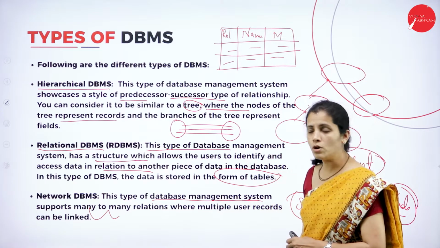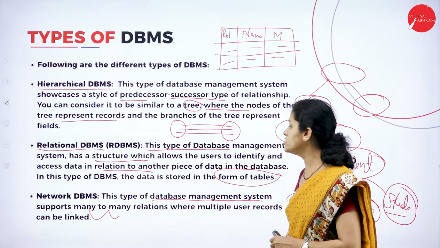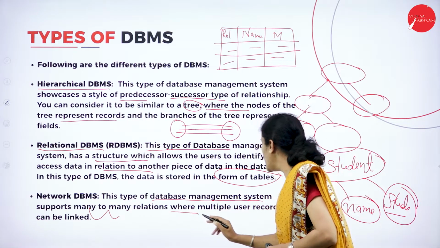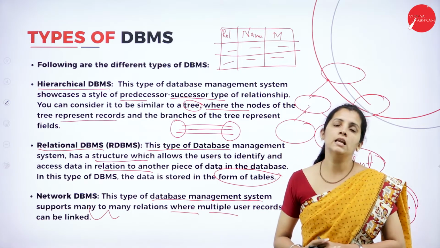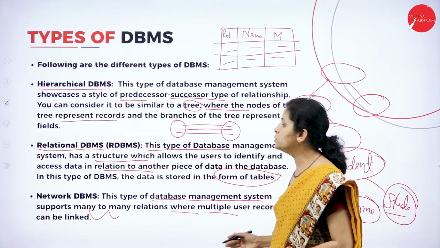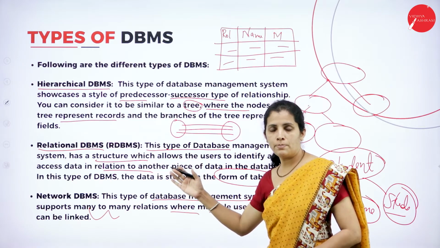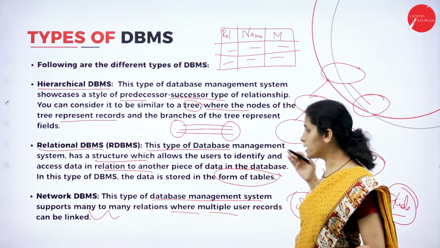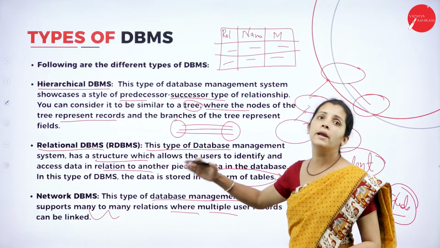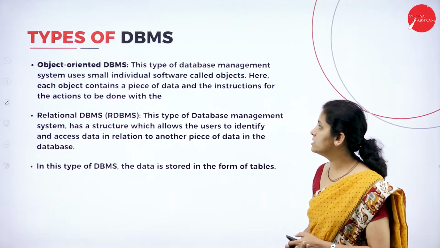It supports many to many relationships where multiple user records can be linked. That means by using a network database, we are able to link multi-user records with many to many relations.